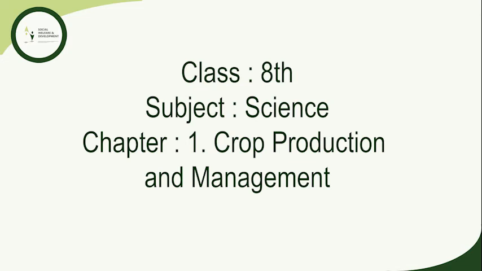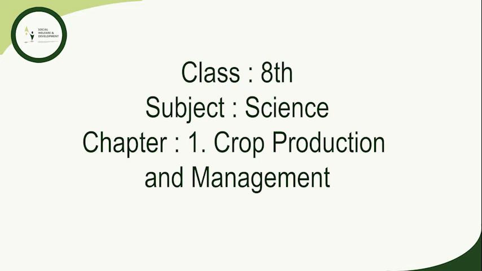Fertilizer does not provide any humus to the soil, whereas manure provides a lot of humus to the soil. Fertilizers are very rich in plant nutrients like nitrogen, phosphorus, and potassium, whereas manure is relatively less rich in plant nutrients.